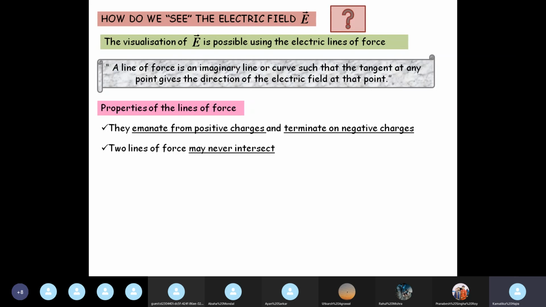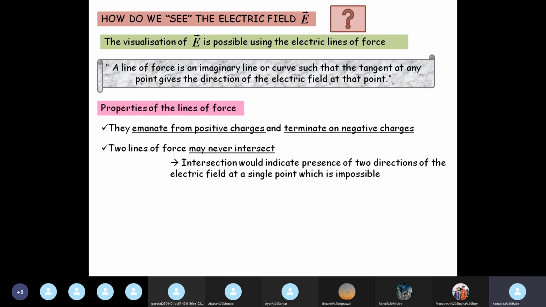And second, two lines of force may never intersect. This is very important. You will never have two lines of force due to a single charge that can intersect each other. Why? Because if they intersect, then the point of intersection would indicate the presence of two directions of the electric field.